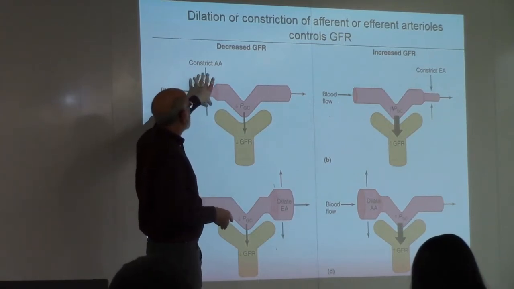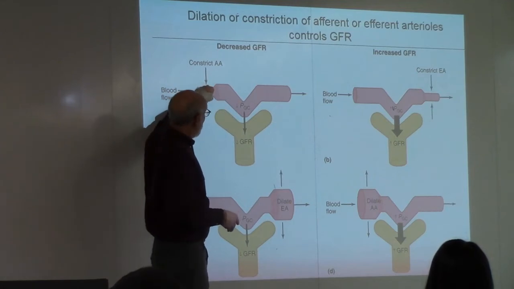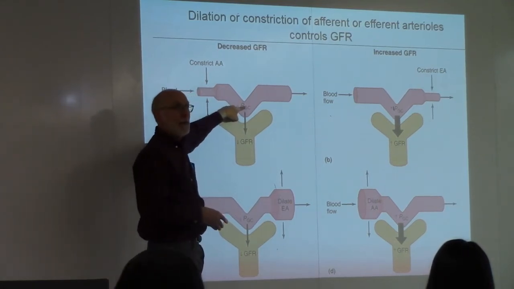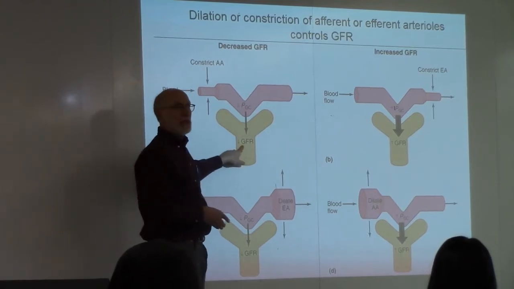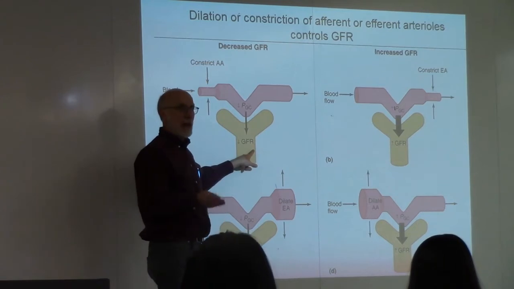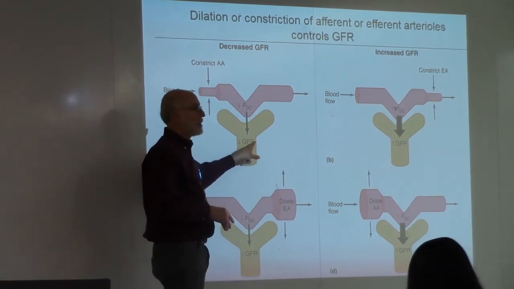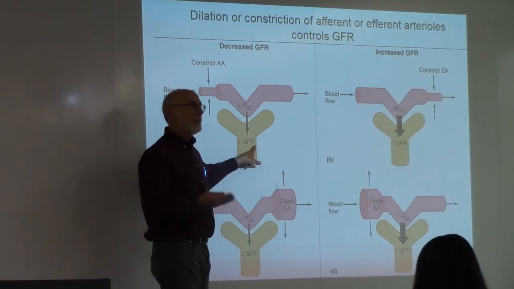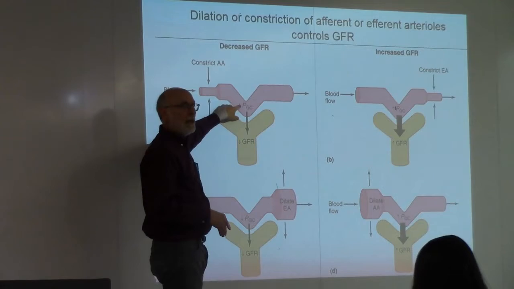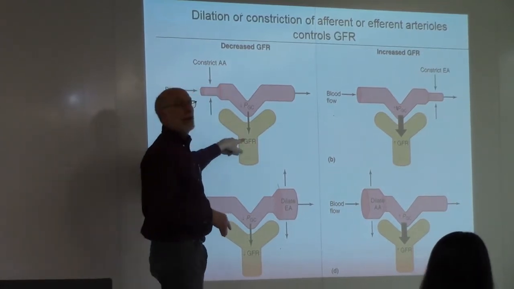So if we constrict the afferent arteriole here, there's less pressure in the glomerular capillary, and so this would decrease filtration. We're going to talk about glomerular filtration rate in a minute. GFR stands for glomerular filtration rate, the rate of glomerular filtration. So if we decrease the pressure in the glomerular capillaries by pinching off the afferent arteriole, we decrease GFR.